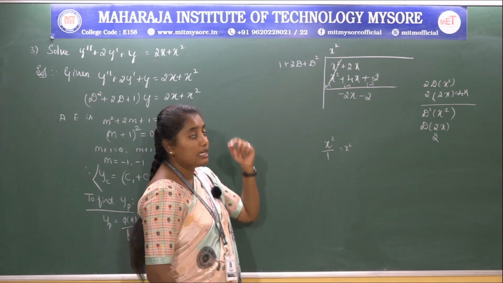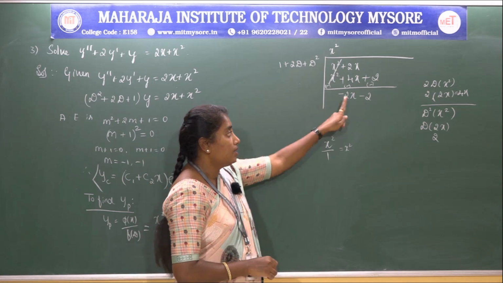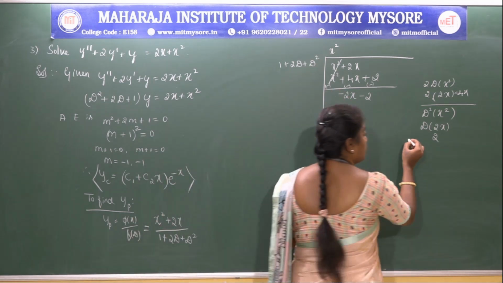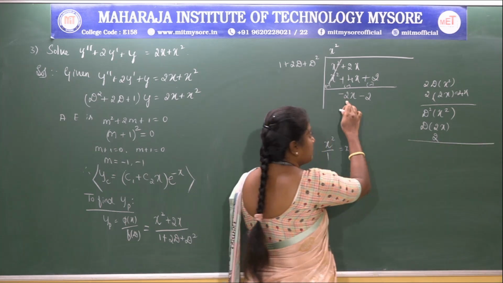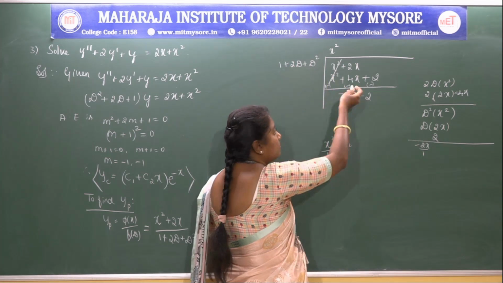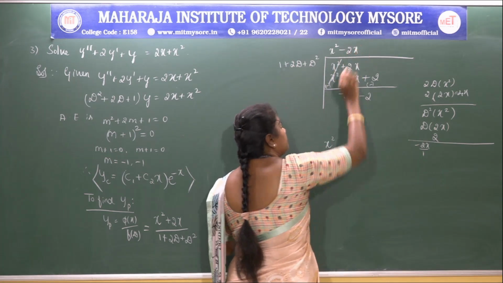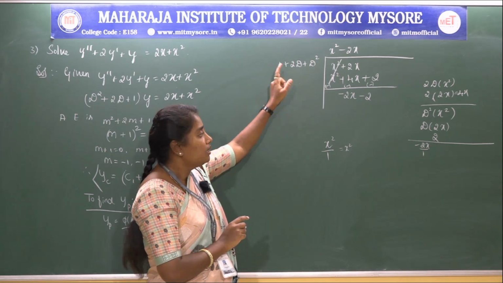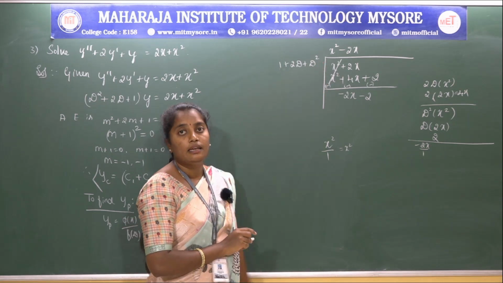Next we find the next quotient element. Again divide the first element by the first element. Minus 2x divided by 1 is minus 2x. Since we have 1 as the first element, we get the same element as the quotient.